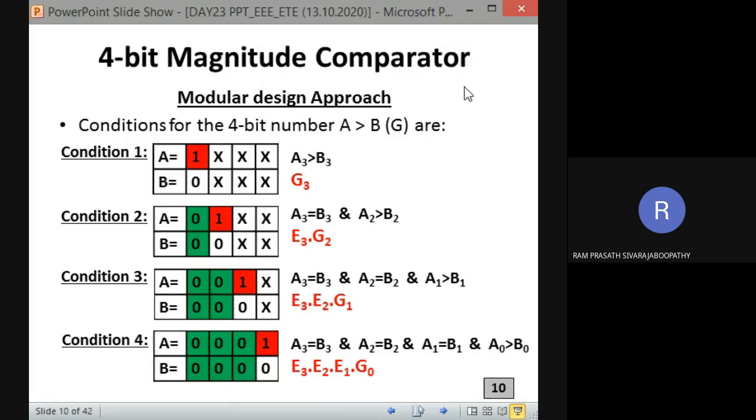Can we say like that? Yes or no? Yes. So what about the expression for capital G? Can you type it in the chat? How can I simply write G? It is the OR operation of all the conditions.